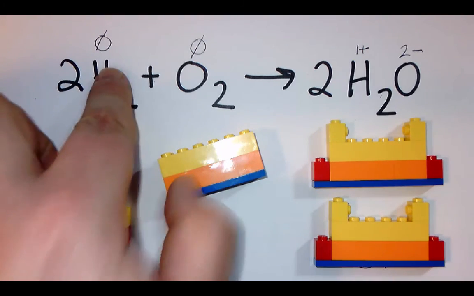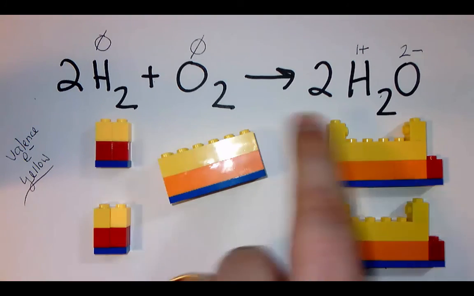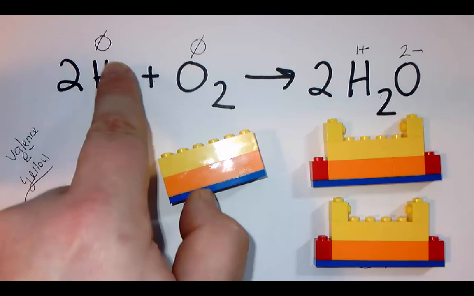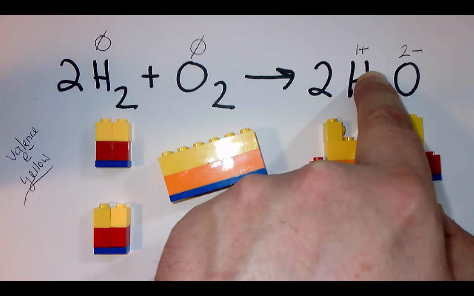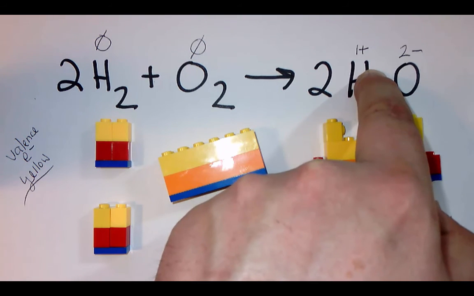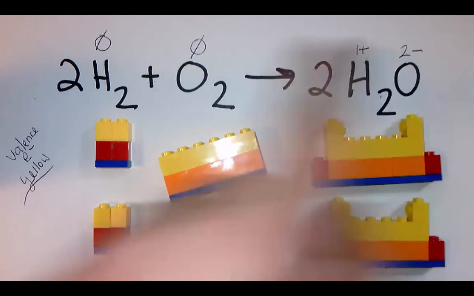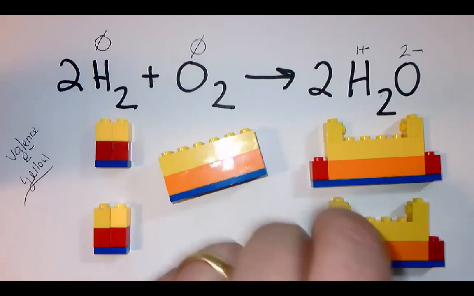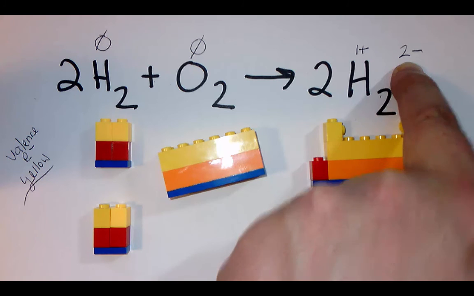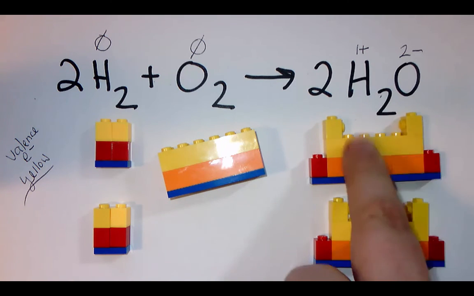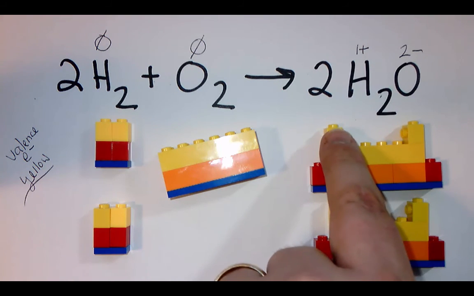Hydrogen loses electrons. Hydrogen gives it up, and as a result, its oxidation number increases. That's the oil, an oil rig. Oxidation is losing, so hydrogen has been oxidized. Oxygen goes from a 0 to a negative 2. That's going down. It acquired these 2 electrons. An oil rig, reduction is gaining.